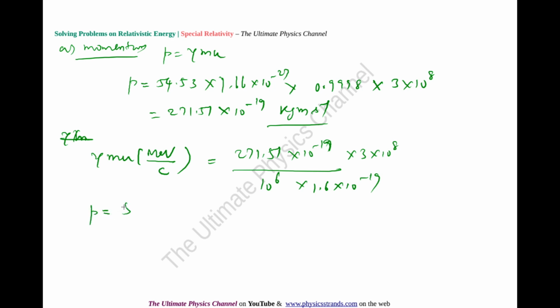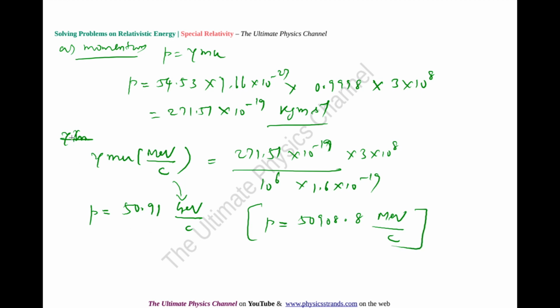p is equal to 50.91 GeV over c. Instead of MeV over c, we can convert back into GeV over c. If you want it in MeV over c, we have p equal to 50,908.8 MeV over c. Either way, it is fine.